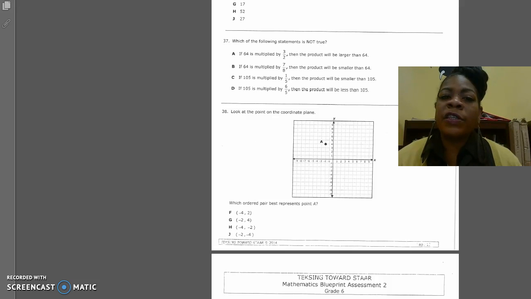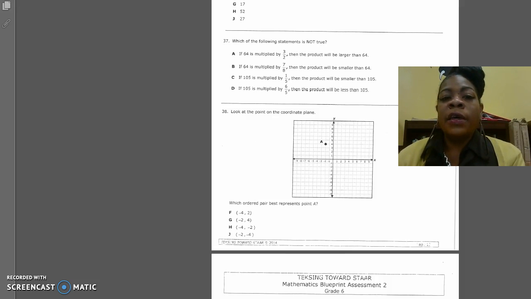A. If 64 is multiplied by 3/2, then the product will be larger than 64. B. If 64 is multiplied by 7/8, then the product will be smaller than 64. C. If 105 is multiplied by 1/5, then the product will be smaller than 105.